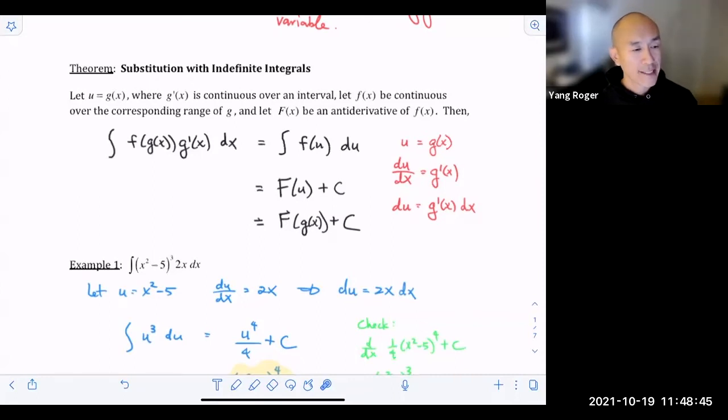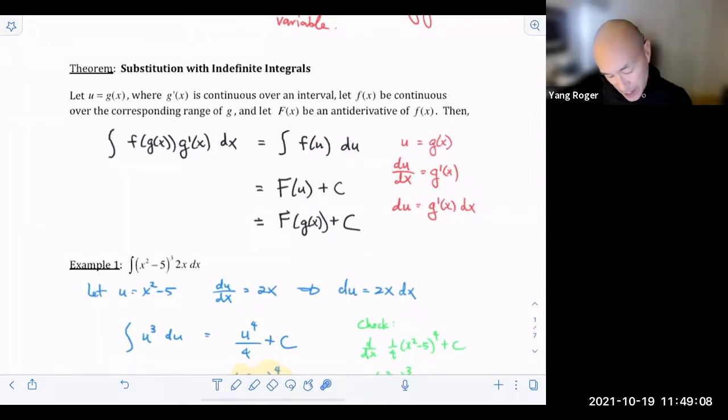So the basic idea is you are going to take a complicated looking integral, and after you make the correct substitution, your integral is going to look far simpler. But it's going to be in terms of a different variable, u.